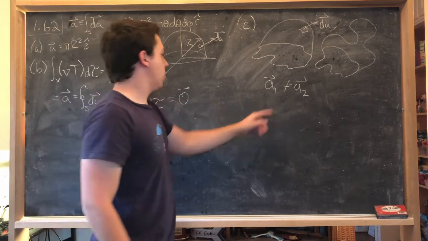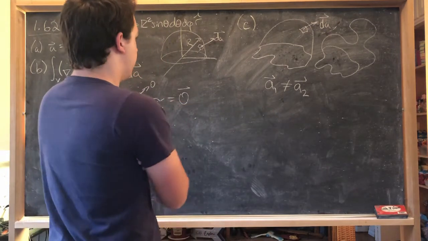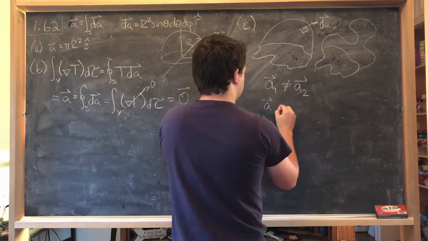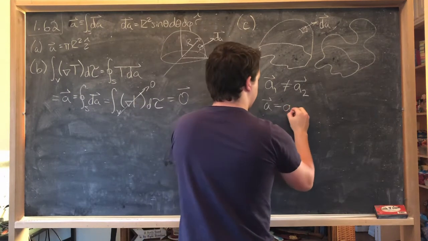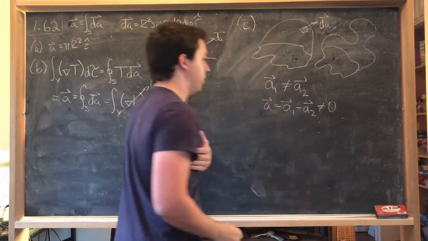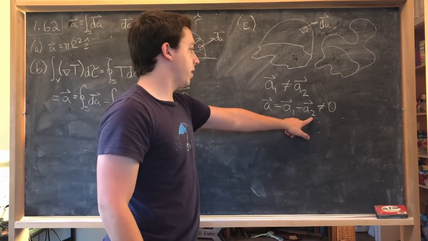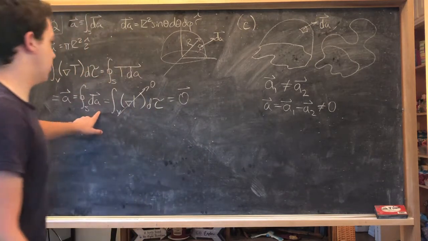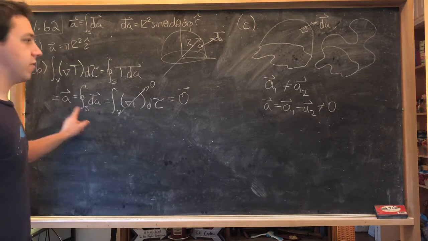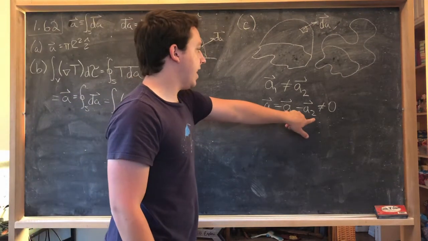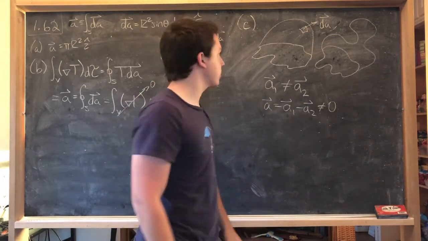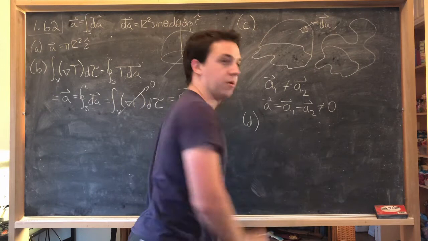But if they're not equal, then when we calculate the vector area for the combined surface, it would look something like A1 minus A2, which would not equal 0. But if it doesn't equal 0, then that doesn't follow with our discovery, our claim, that a closed surface has a vector area of 0. So they have to have the same vector area. And that's how we would show that. Part D.